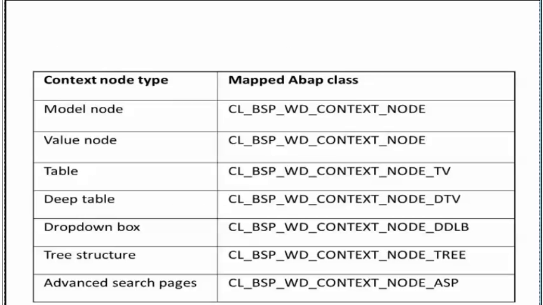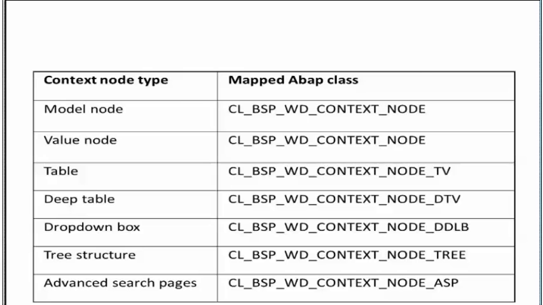So if you see the different nodes which are present, every model node or value node should have CL_BSP_WD_CONTEXT_NODE as the superclass. So it's the same for model node and value node. And in case it is showing the data in a tabular format, then CL_BSP_WD_CONTEXT_NODE_TV is the class which it has to have as a superclass.